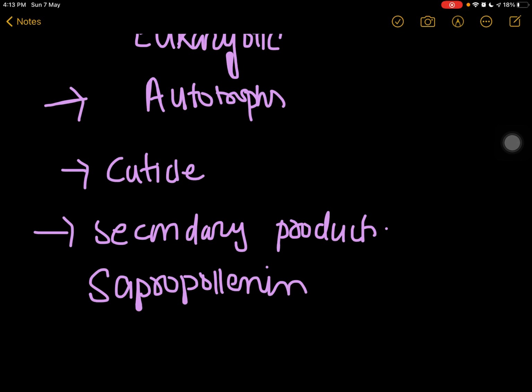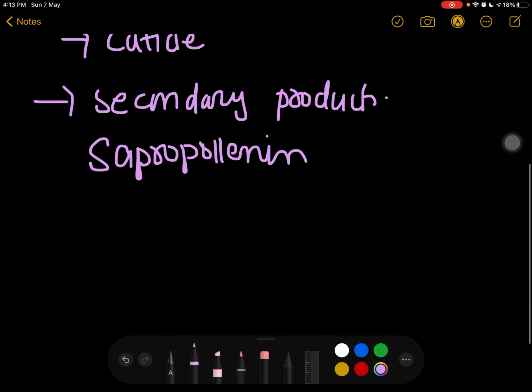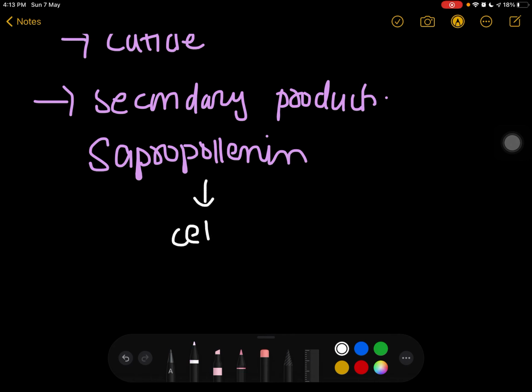Basically, it is a compound which is present in the cell wall, and it is made up of carotenoids.